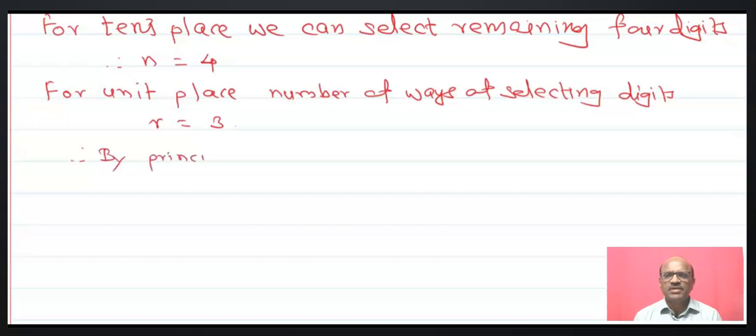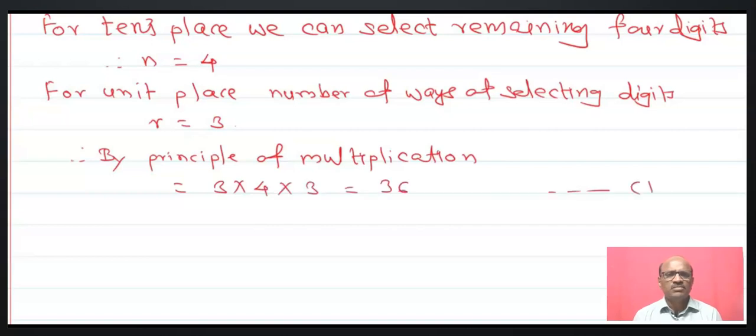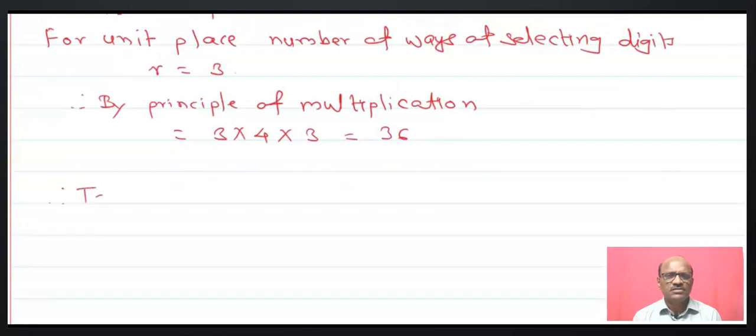Therefore, by the principle of the multiplication, that is 3 into 4 into 3, and the total number is equal to 36.